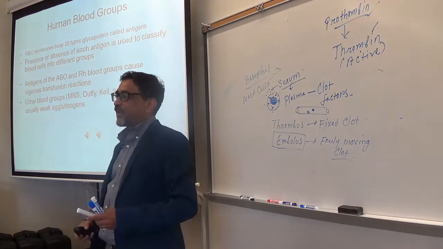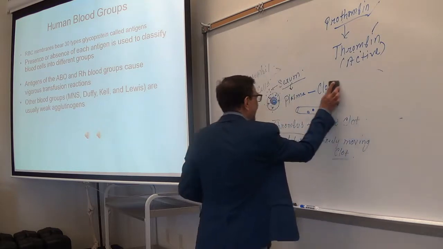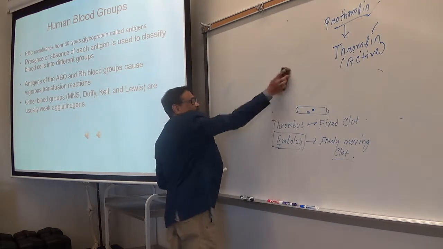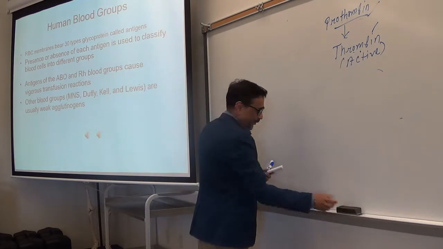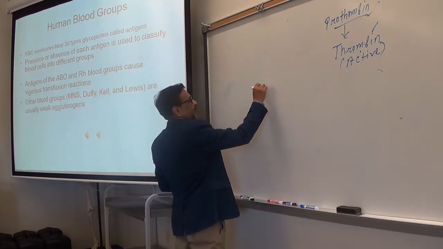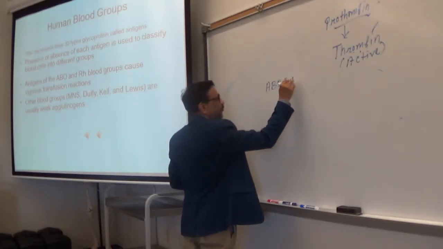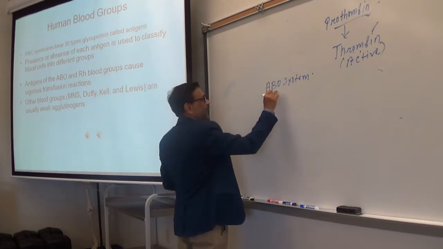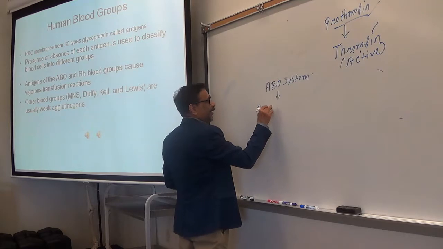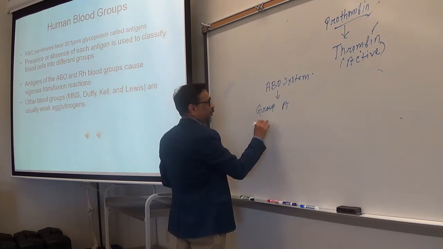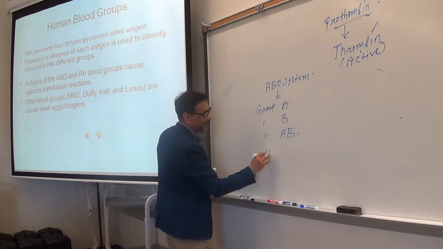Blood groups or types. Human blood has different groups or types. One is called the ABO system, that includes blood group A, group B, group AB, and what?